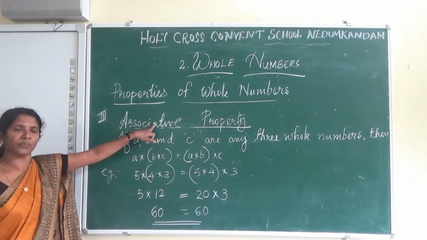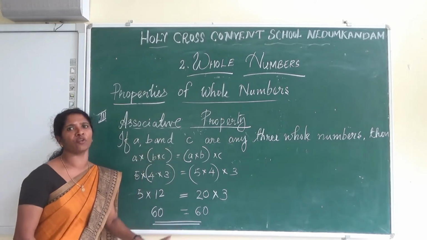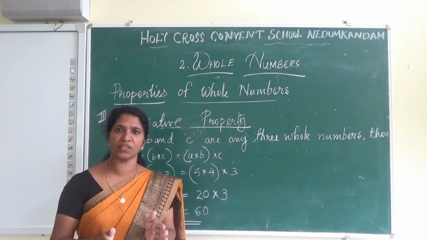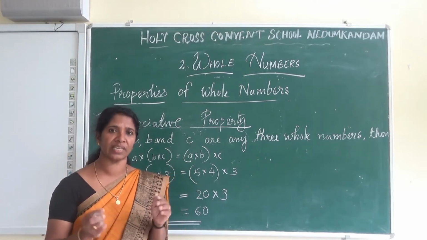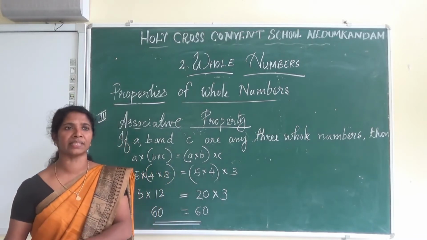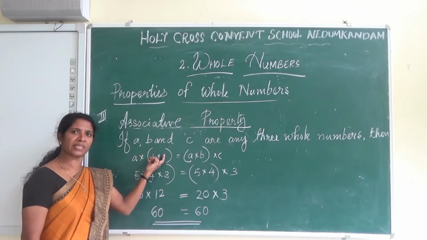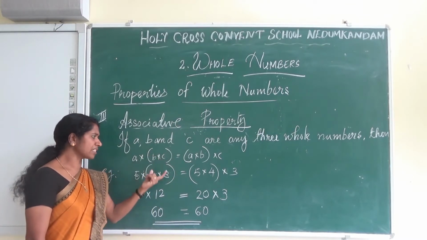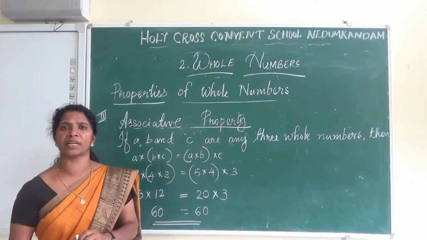So, according to the associative property, we can multiply the numbers in any order. Means, in the case of 3 numbers, we need to do the multiplication first with any 2 of the numbers. After that, with the product, we need to multiply the third number. For doing that, we have to group the numbers according to convenience and multiply them.